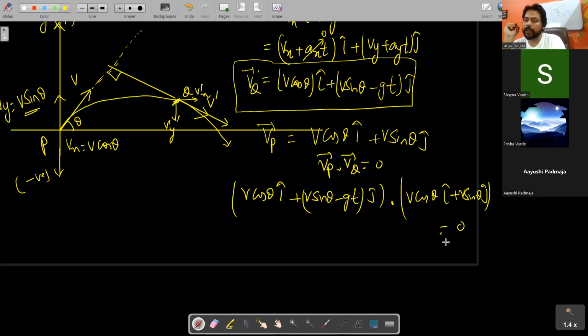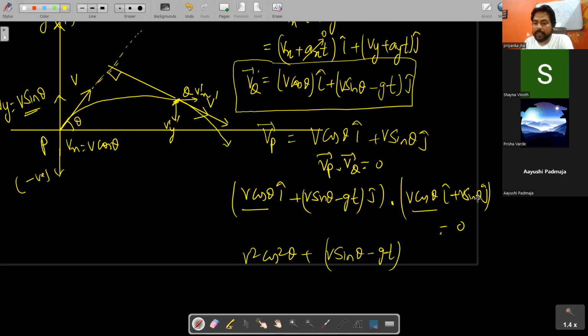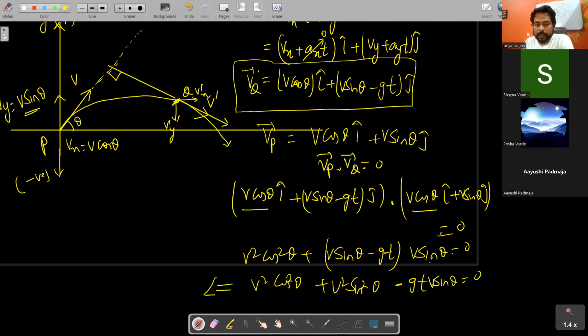Then how do you take a dot product? You multiply the x component of one vector with the x component of the other vector, and the y component of one vector with the y component of the other. So V cos theta into V cos theta would be V square cos square theta, plus the y components: V square sin square theta minus gt into V sin theta, equal to 0.